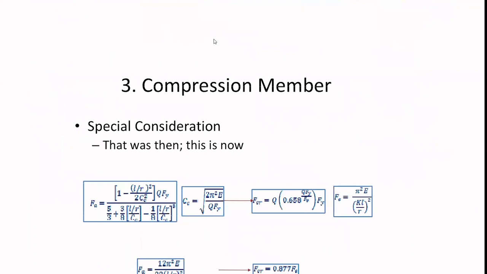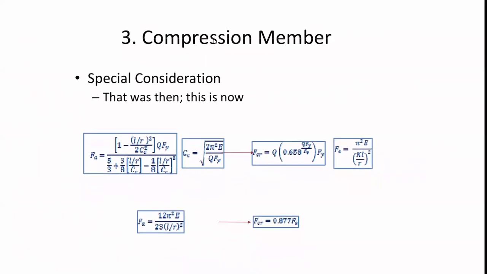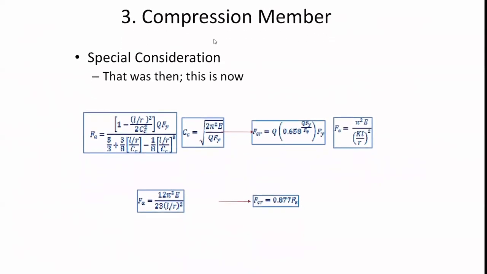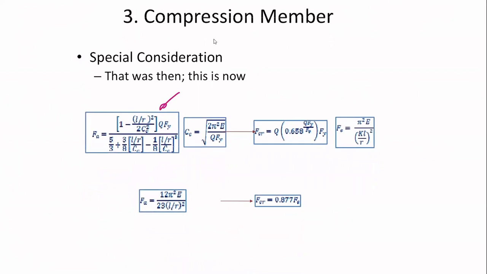Now, I put this on here to show you something because some folks still study the old method. This is how they calculated the critical buckling stress in the old days. They used this formula. Now we use this one.